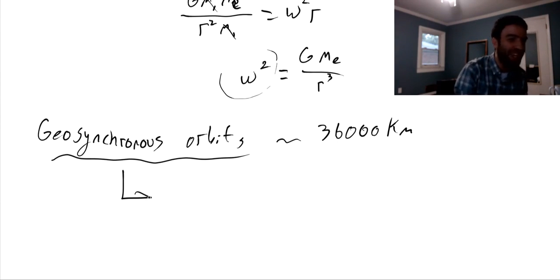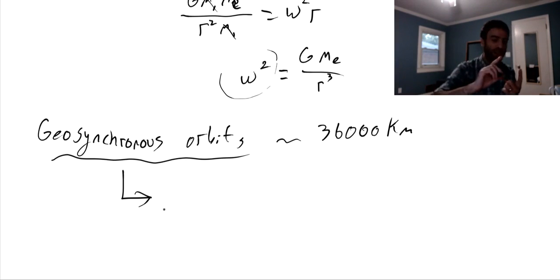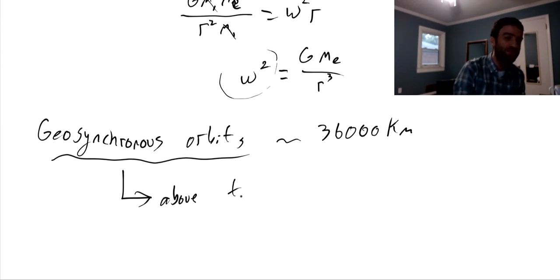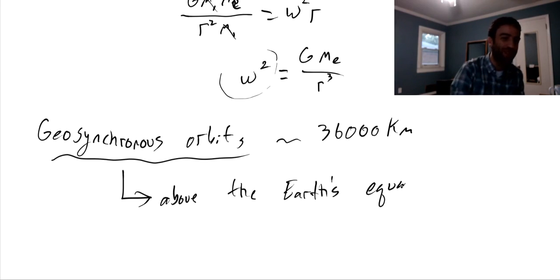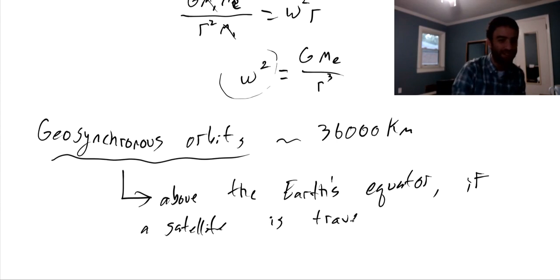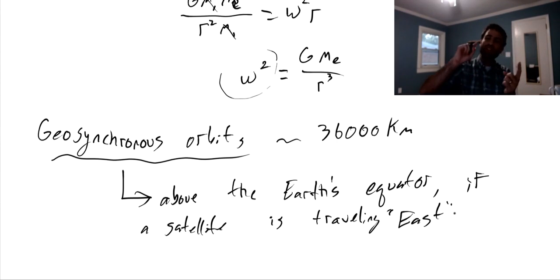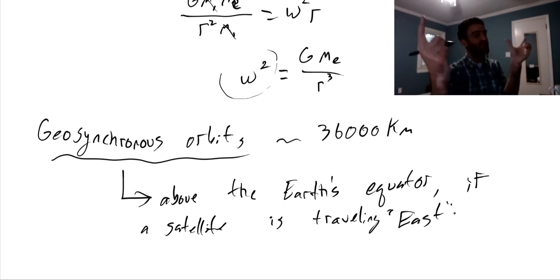A special case of these geosynchronous orbits is a geosynchronous orbit above the Earth's equator. This is just a fun fact: if a satellite is traveling east, then the way that it's free-falling around the world exactly matches the rate at which the world is turning.